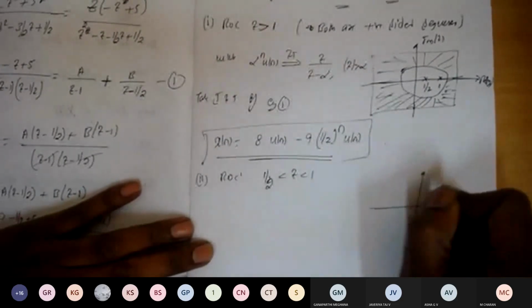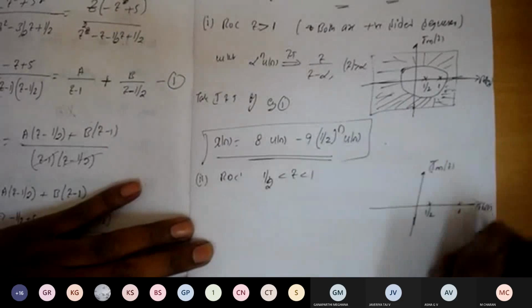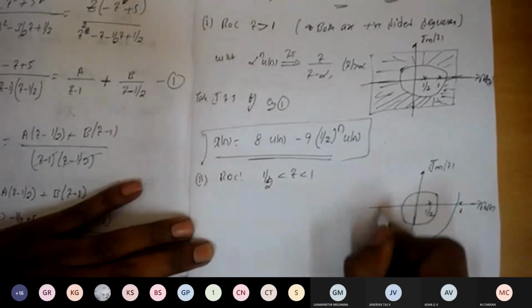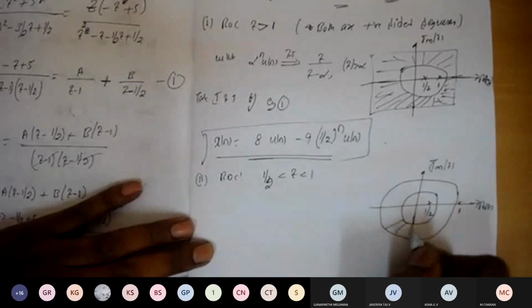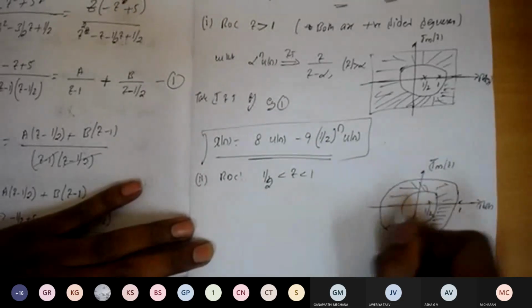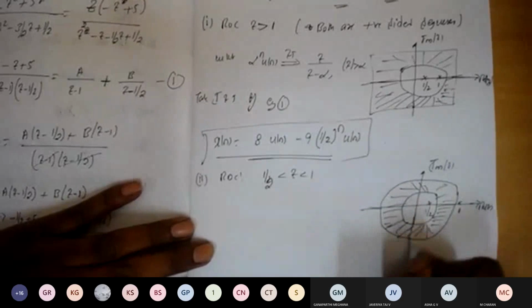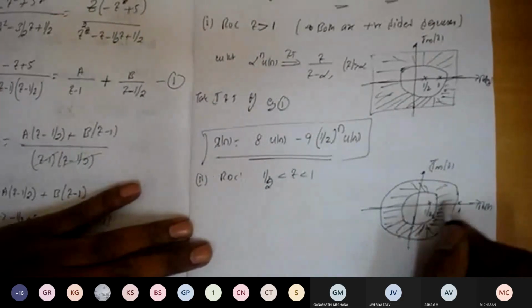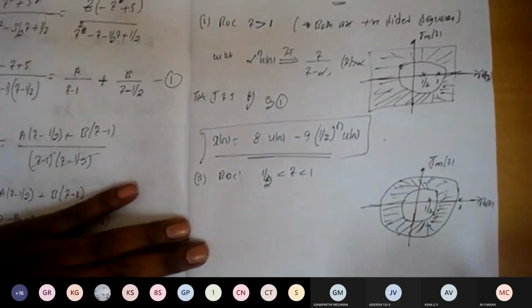This is the real part of z and this is the imaginary part of z. So this is what the ROC is going to get, the region of convergence between the two concentric circles.